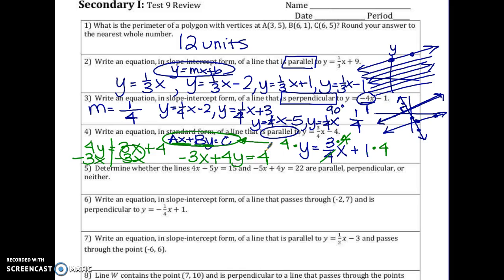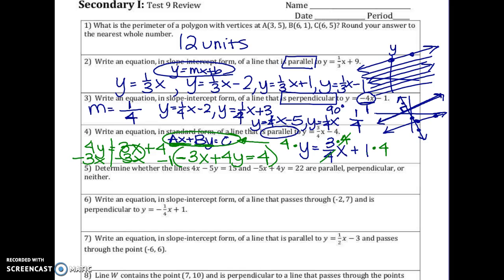Now there are some people that say that you have to have that a number be positive, and notice our a number is negative. So a quick and easy way to get rid of that, remember how we changed signs when we were doing systems? That's the same thing as taking this whole thing and just multiplying by a negative 1.